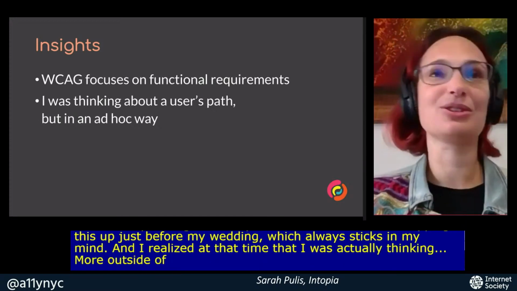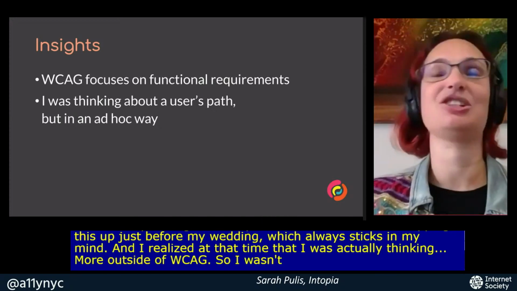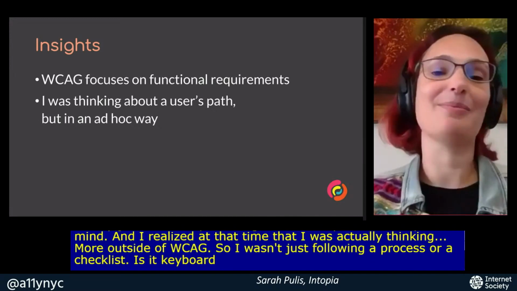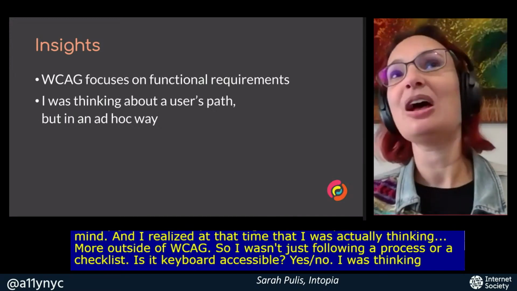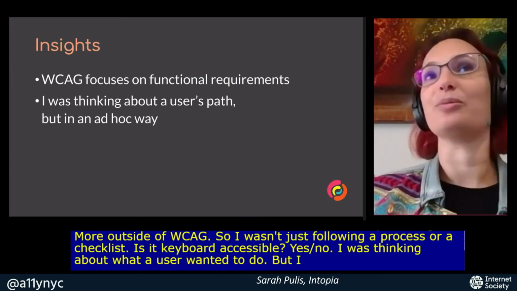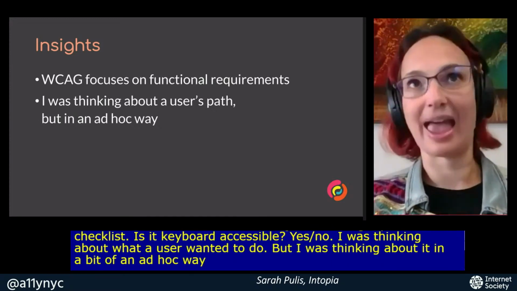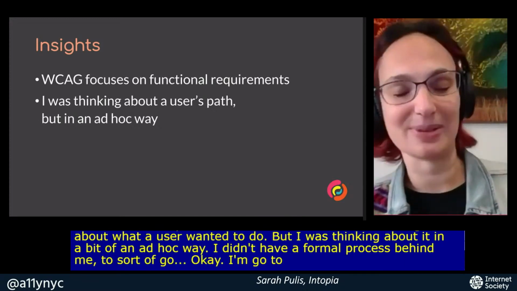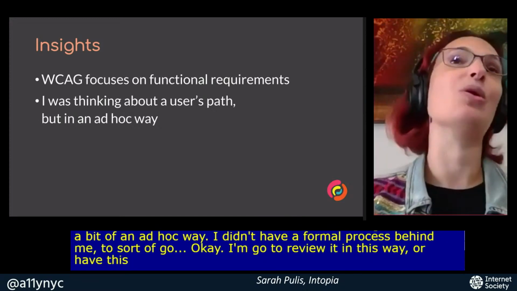So, I wasn't just following a process or a checklist. Is a keyboard accessible? Yes, no. I was thinking about what a user wanted to do, but I was thinking about it in a bit of an ad hoc way. I mean, I didn't have a formal process behind me to sort of go, okay, I'm going to review it in this way or have this particular user focus or what have you.